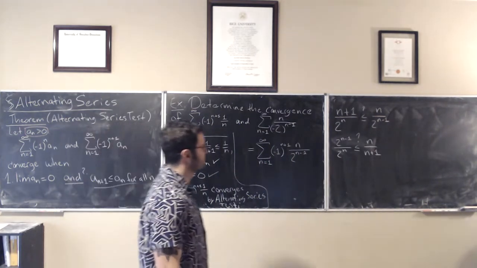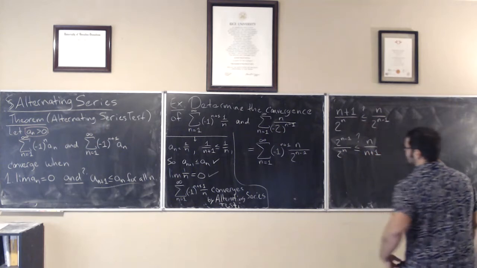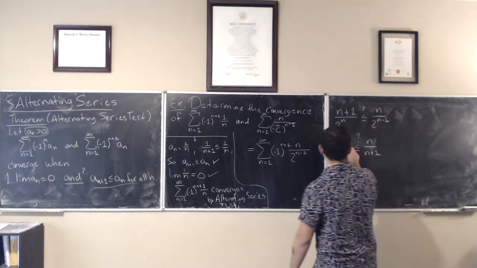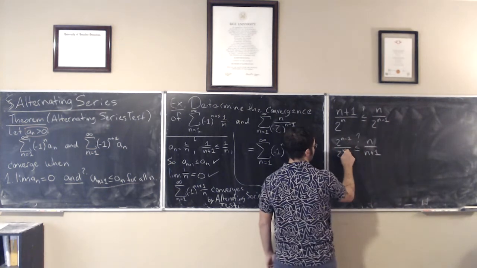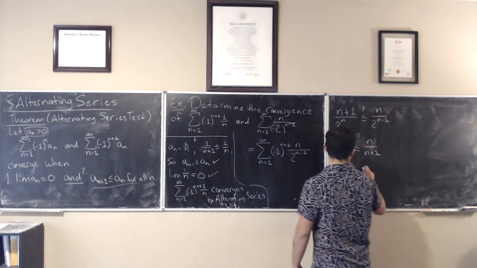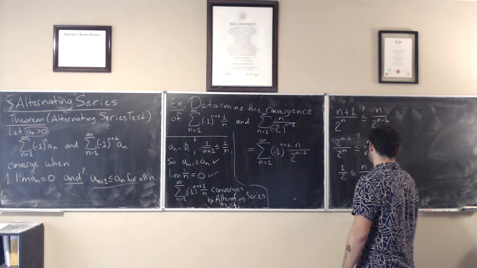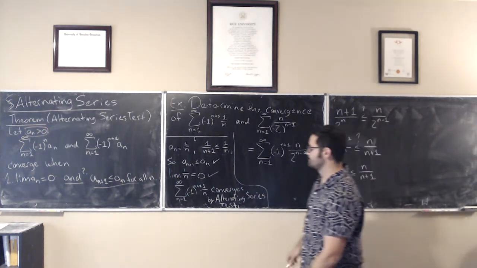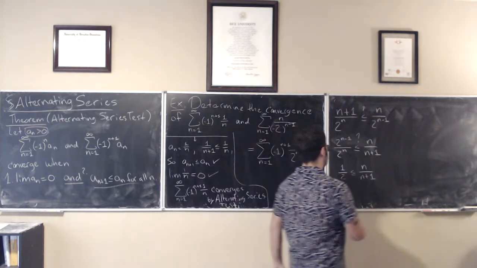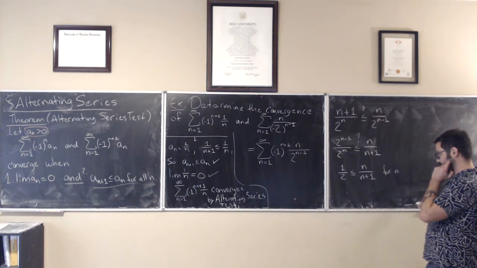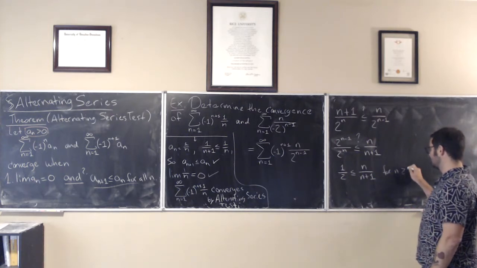So how could we show this? Well, this is like saying we divide out. So this is just, so then, yeah, this is true for n greater than or equal to 1, right?